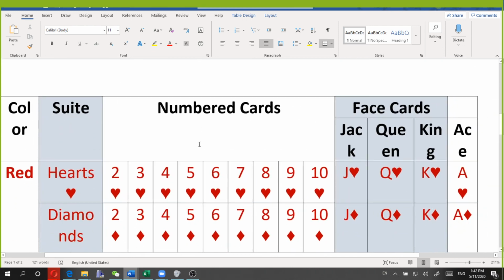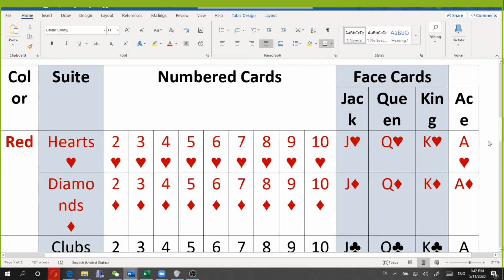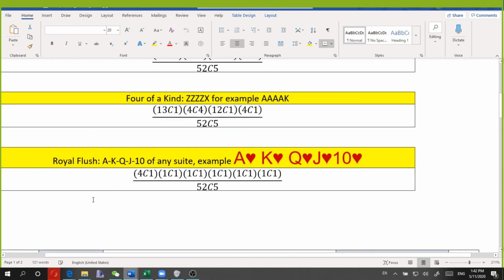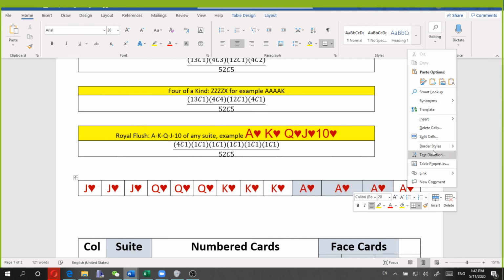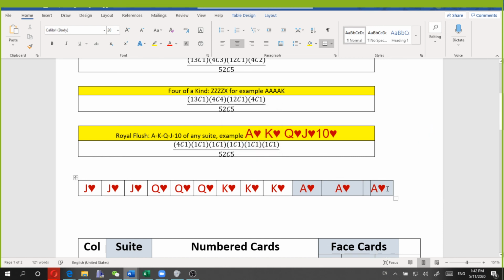Okay, I'm going to throw a curveball then. A Pinnacle Deck, which I did not spell correctly.